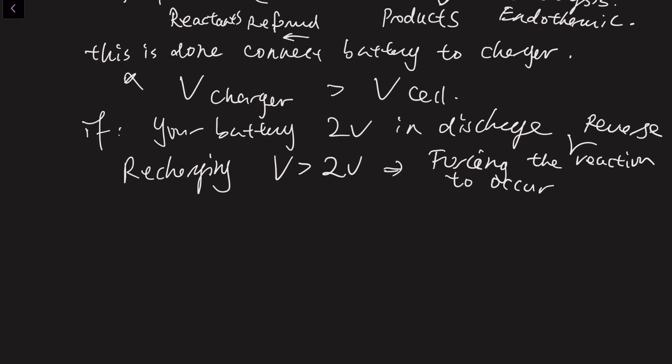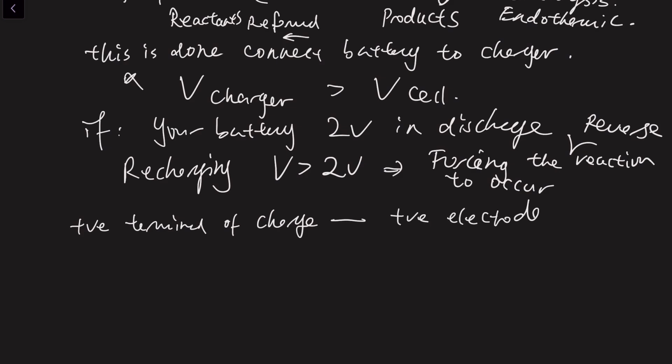And how do you connect your battery with the charger? It's very similar to what we have learned in an electrolytic cell. So the positive terminal of the charger is connected to the positive electrode, and the negative terminal of the charger is connected to the negative electrode.